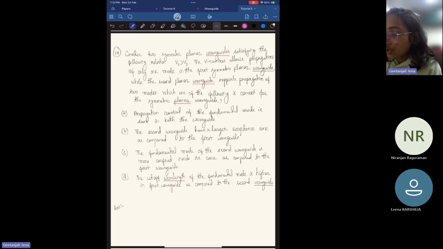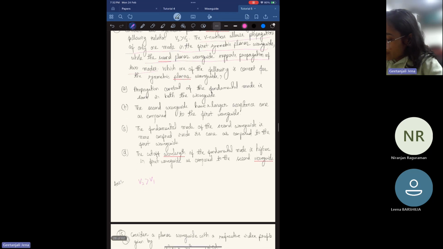Question says consider two symmetric planar waveguides satisfying the following relation, that is, V2 is greater than V1. The V number allows propagation of only one mode in the first symmetric planar waveguide, while the second planar waveguide supports propagation of two modes.